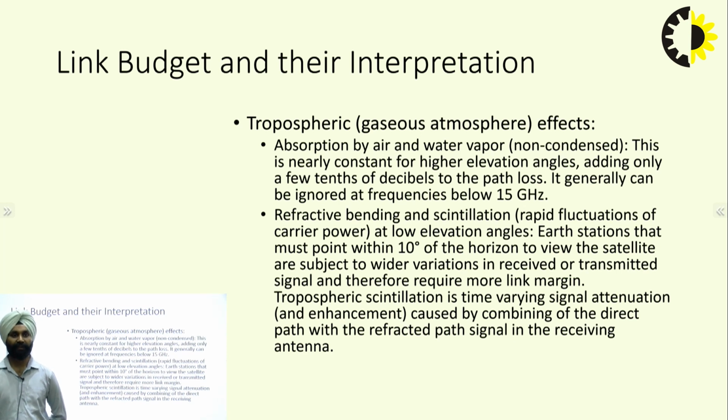These are subject to wide variations in the received and transmitted signal, and therefore require more link margin. This tropospheric scintillation is the time varying signal attenuation and enhancement caused by the combination of the direct path and the refracted path signal in the receiving antenna.